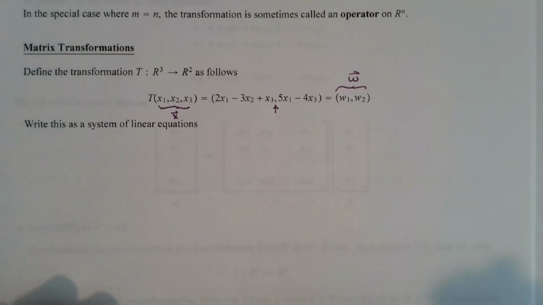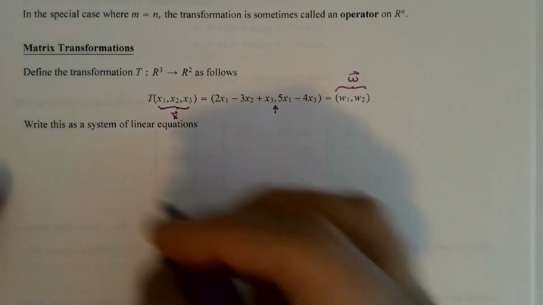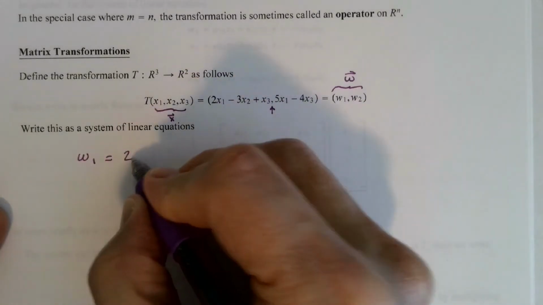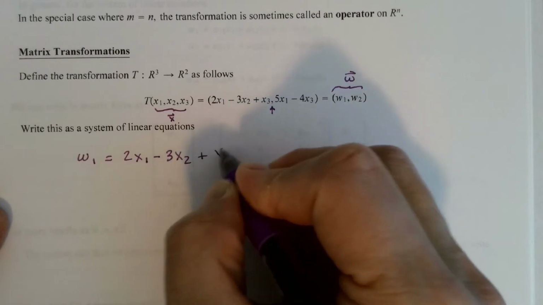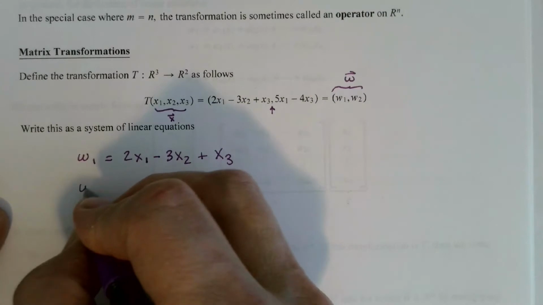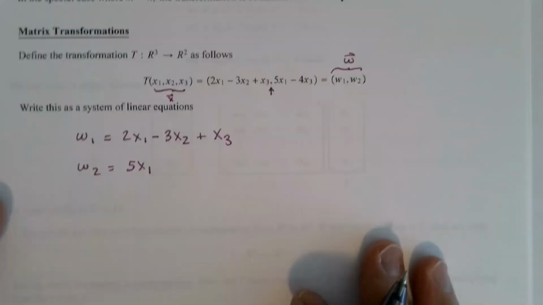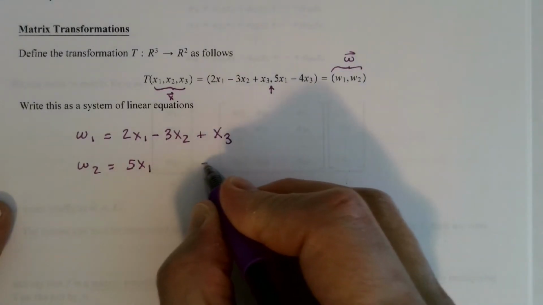Okay. Now, this is related to a system of linear equations because I can say that w1 is what? 2x1 minus 3x2 plus x3, right? So that's that first thing. And w2 is 5x1 minus 4x3.